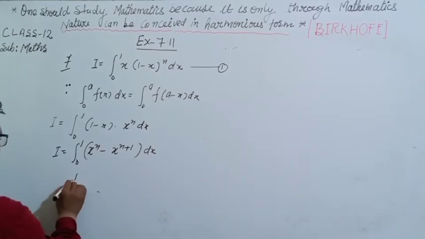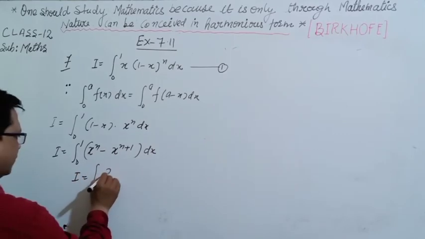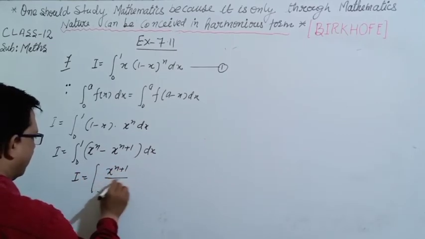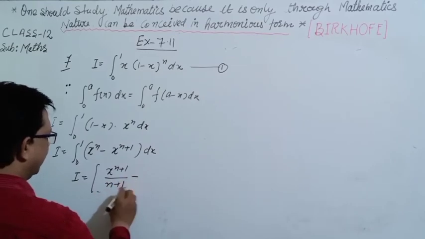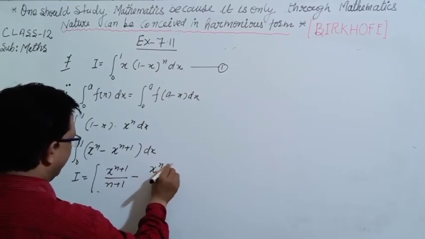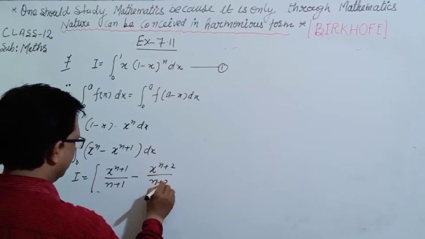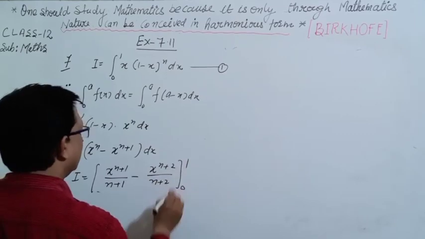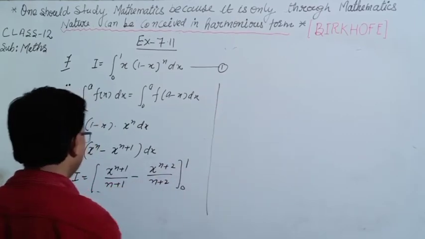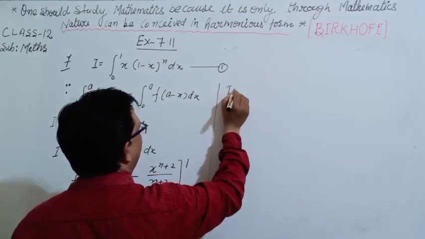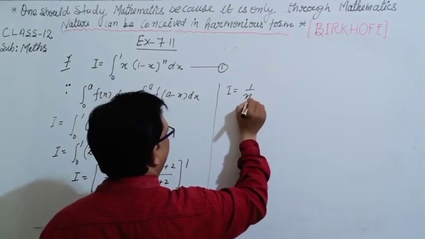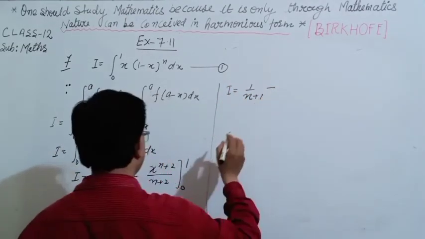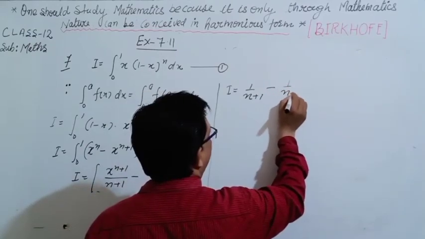Now this is your simple integration. So this is x power n plus 1 upon n plus 1 minus x to power n plus 2 upon n plus 2. Now apply the limit. After applying the limit, we get 1 upon n plus 1 minus 1 upon n plus 2.